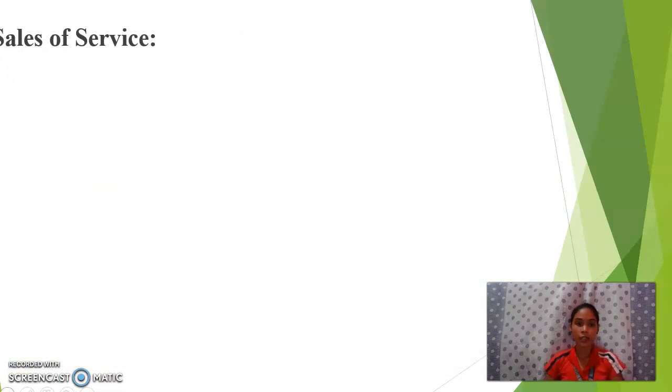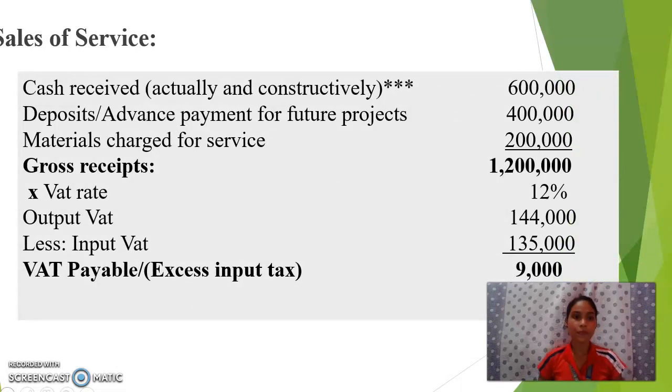The sales of service. So, cash received, this is the actual or the constructively cash received that the customer gave to you, which amounted to 600,000. Deposits or advance payment for the future project.